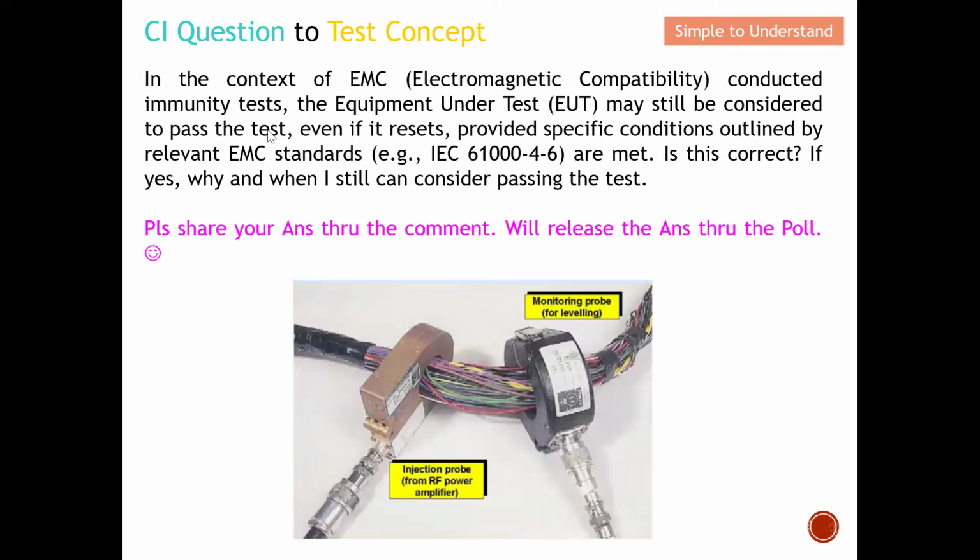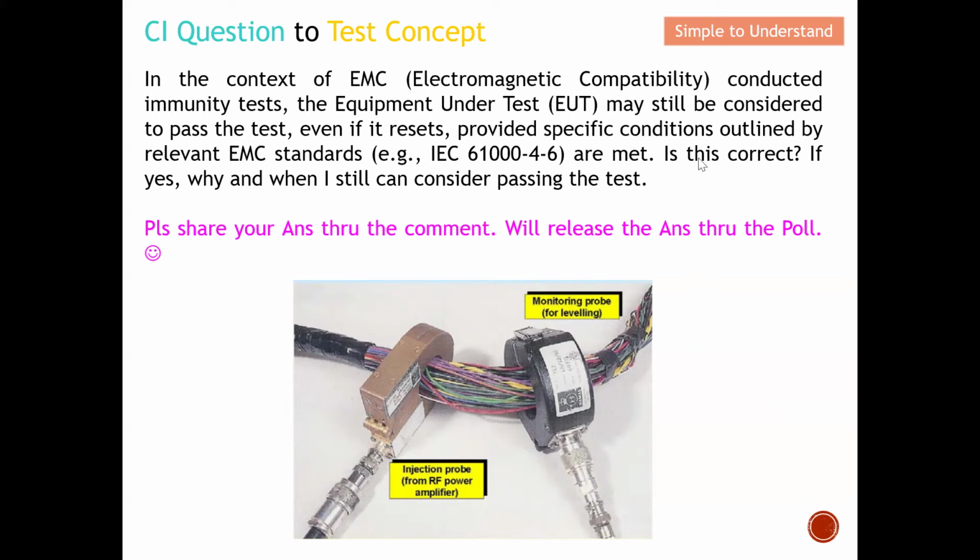Now I would like to pose a question to test your concept on conducted immunity. In the context of EMC conducted immunity testing, the equipment under test may still be considered to pass the test even if it resets, provided specific conditions outlined by the relevant EMC standard, for example IEC 61000-4-6, admit.